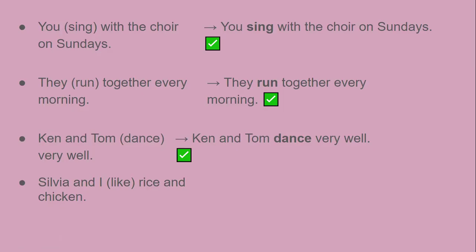So the moment I'm saying other people and I, that is we. So the subject is we, and it belongs to rule 4. Then we don't do anything to the verb. So the sentence is, Sylvia and I like rice and chicken. Okay.